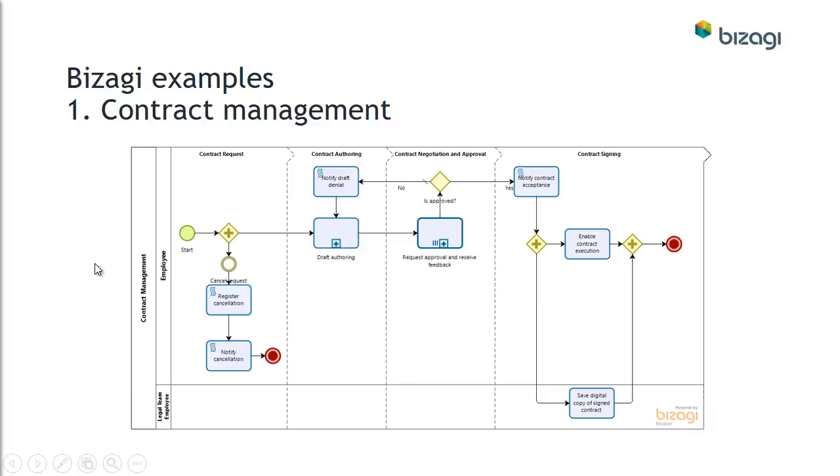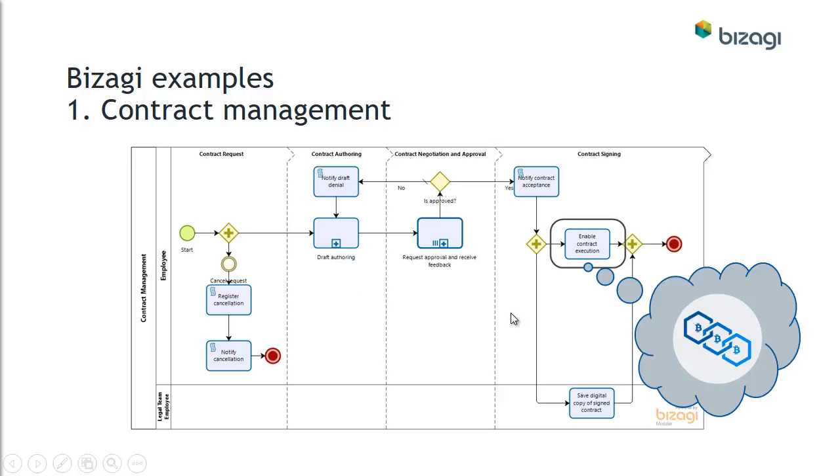Here's a contract management process model outlining how at some point contracts are signed and executed between an issuer and an underwriter, which could mean here in this task of the workflow where you could integrate services based on the blockchain technology.